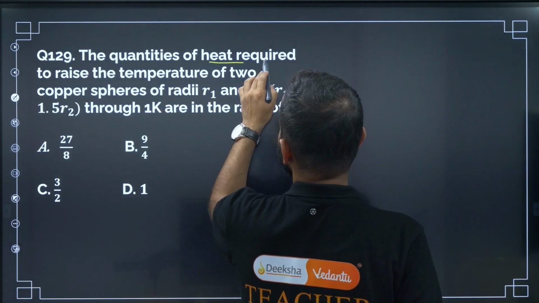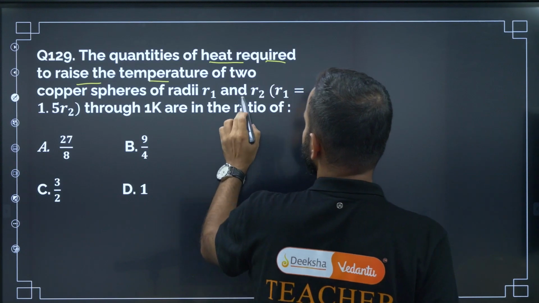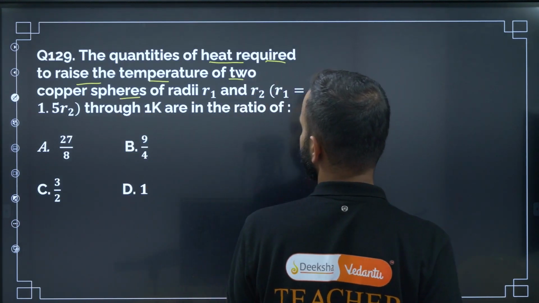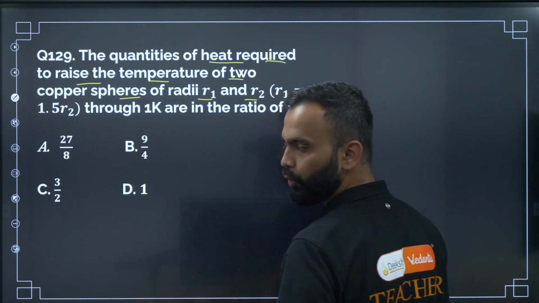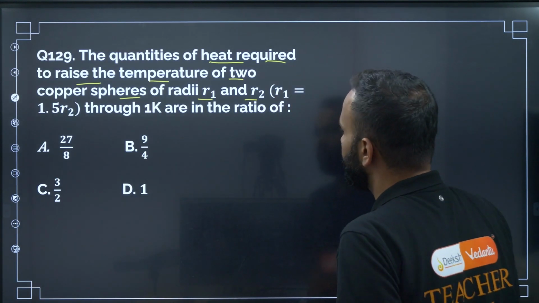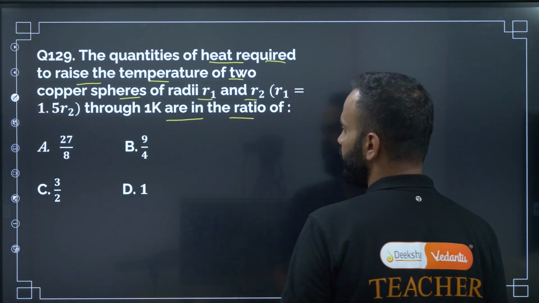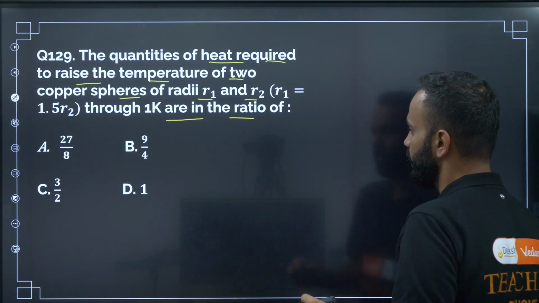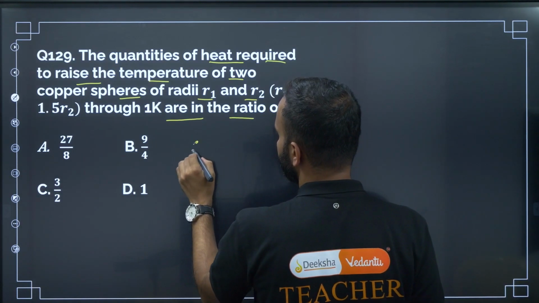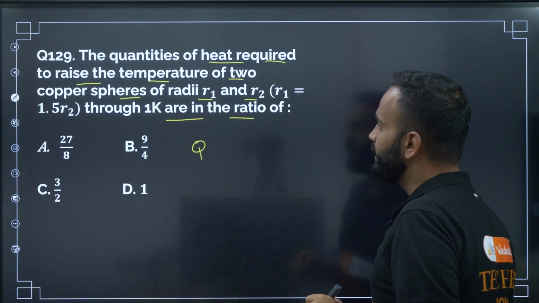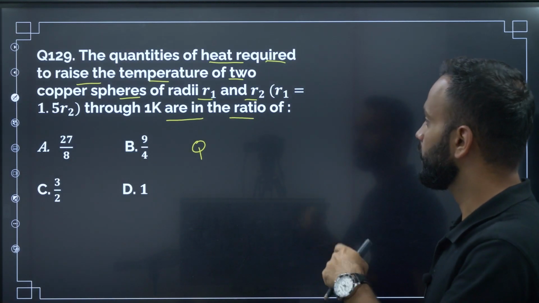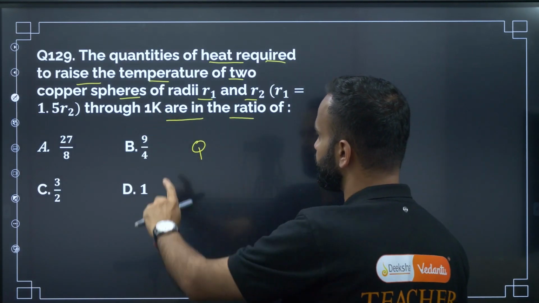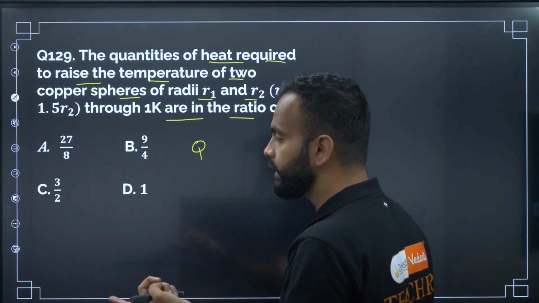The quantities of heat required to raise the temperature of two copper spheres of radii R1 and R2, R1 equal to 1.5 times R2, through 1 Kelvin are in the ratio of, okay. Here the quantity of heat required to raise the copper sphere, okay, first copper sphere, the radius of the first copper sphere is R1.